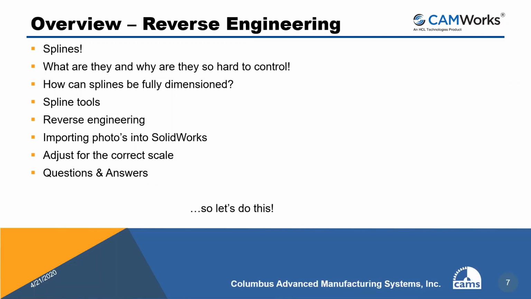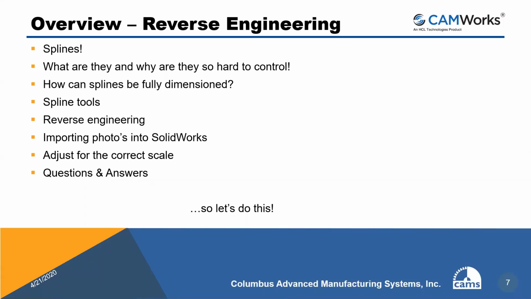You're going to bring it in probably as a JPEG or a bitmap, depending on whatever format you have access to, and then you're going to trace it. That's it. You're going to take a photograph of it and you're going to trace it. But the question then becomes, what scale is that? How big is it? And that's when that dimension that Don had mentioned comes into play, because that dimension is going to help you set the scale. We're going to see that in a little bit.